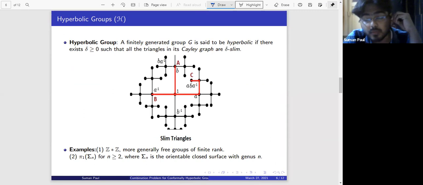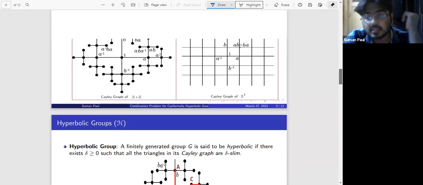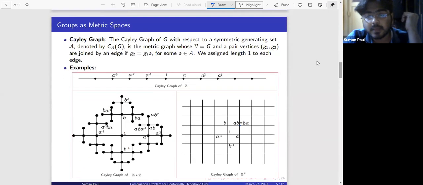Now you may say that the Cayley graph depends on the generating set. If I take a different generating set, the Cayley graph will be different. But you can show that the new Cayley graph will be quasi-isometric to the old Cayley graph.